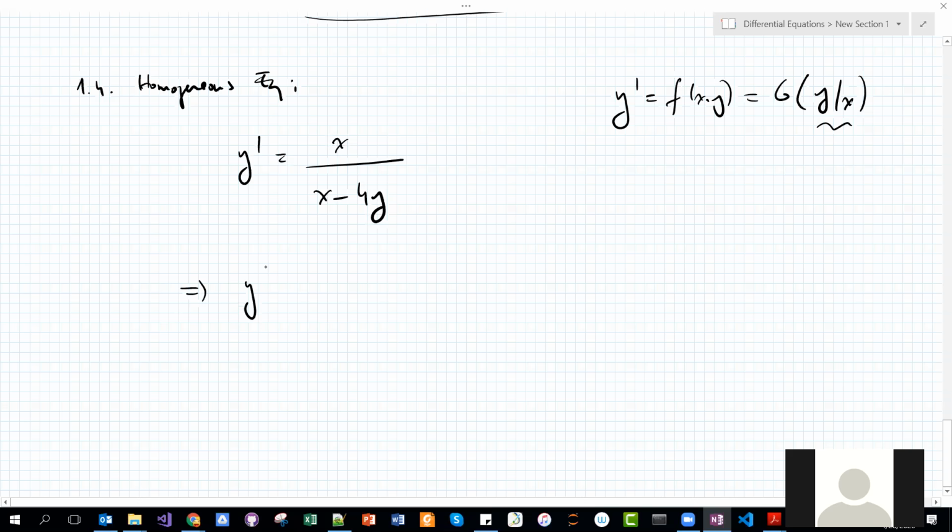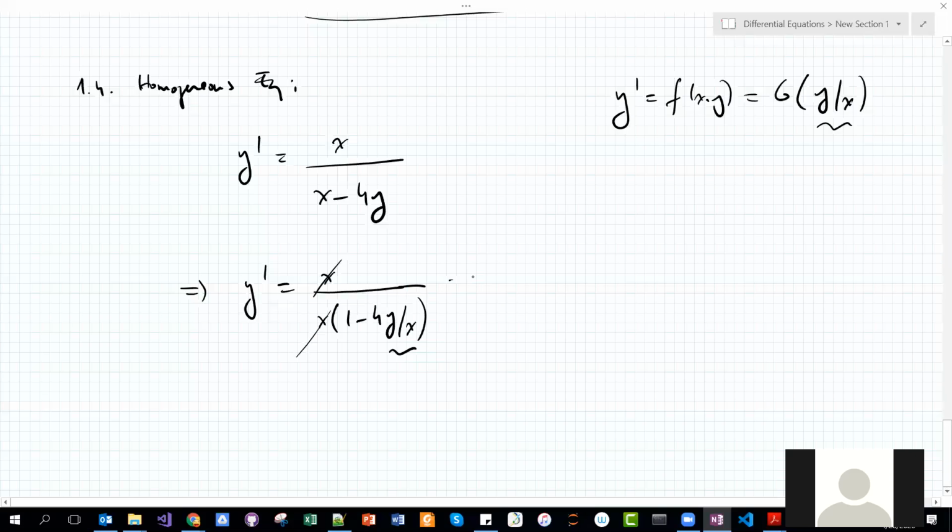To do that, I'm going to arrange the terms. x over x times 1 minus 4y over x. Look at what I did for the bottom. I just took the x out so that I can cancel this. And now I have the y over x term.